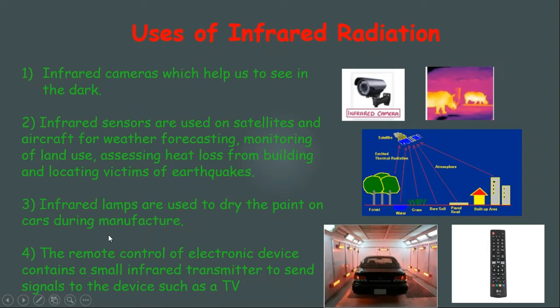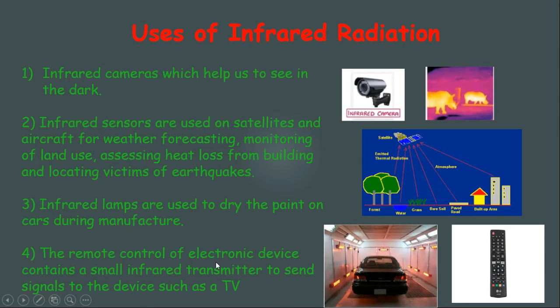The third use is infrared lamps. We use them to dry the paint on cars during manufacture. Look here, all these lamps are emitting infrared radiation to dry the paint on the cars. The last use is the remote control that we all use for TV.